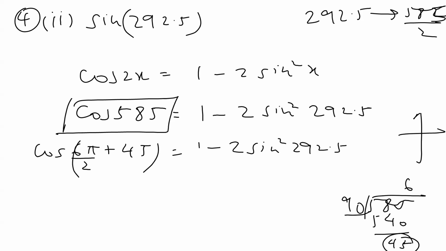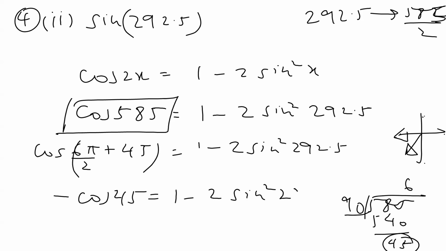Now 6 pi by 2 is 0, 1, 2, 3, 4, 5, 6. 6 is over here, plus is here. So in this quadrant, cos is negative, and at the same time, cos remains cos, because of the x-axis. So minus 1 by root 2 equals 1 minus 2 sine square 292.5.